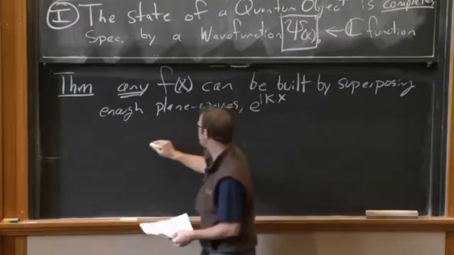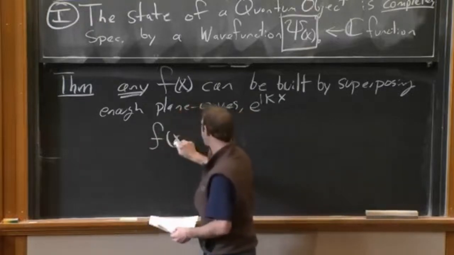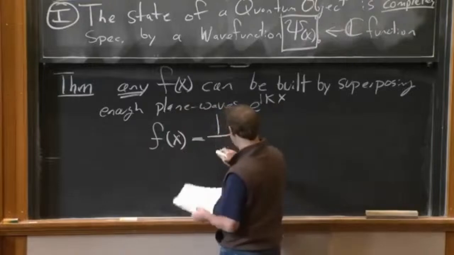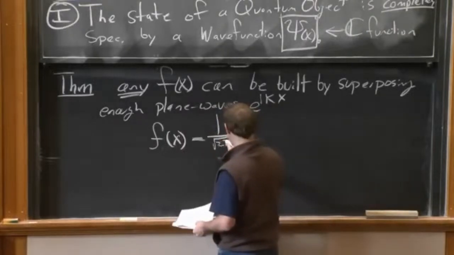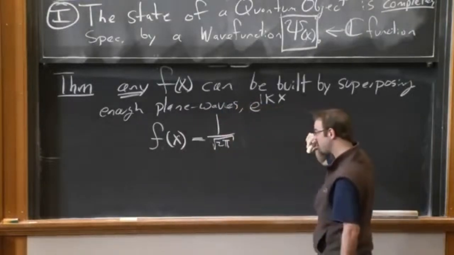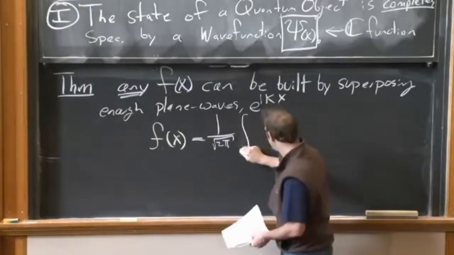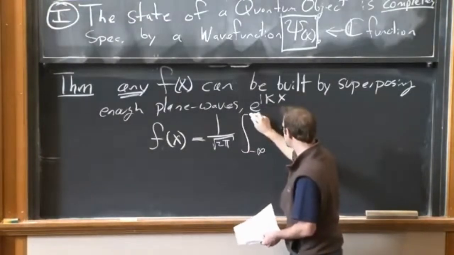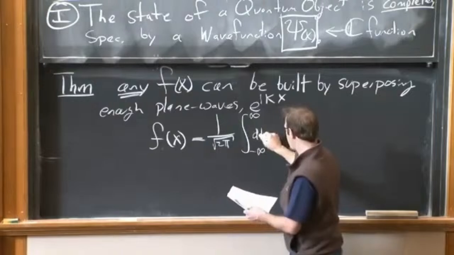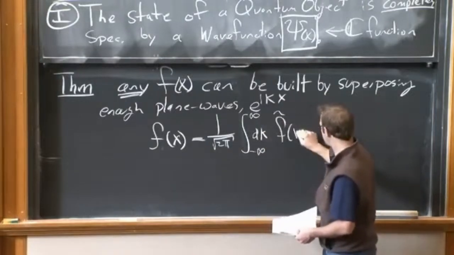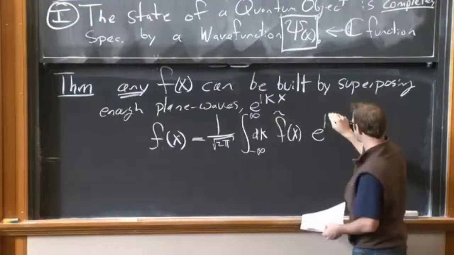Enough may be infinite. So any function f of x can be expressed as 1 over root 2 pi, and this root 2 pi is a choice of normalization. Everyone has their own conventions, and these are the ones we'll be using in 804 throughout. The integral from minus infinity to infinity dk f tilde of k e to the ikx.